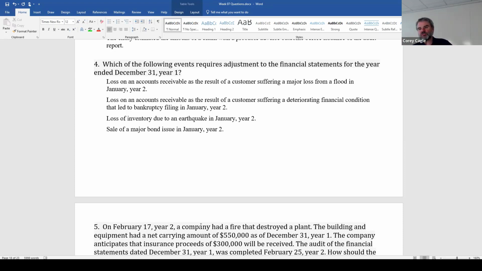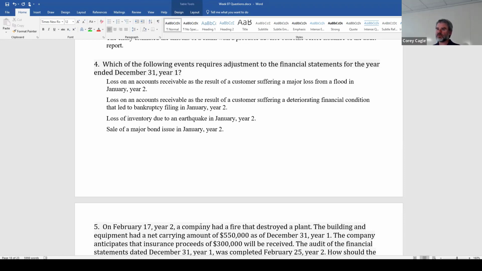Looking at the answer choices, in A, there was a loss on accounts receivable as a result of a customer suffering a major loss from a flood in January of year 2. That wouldn't be adjusted, because the event that caused this problem happened after our year end. It doesn't relate to December 31st, year 1. So that one doesn't work.